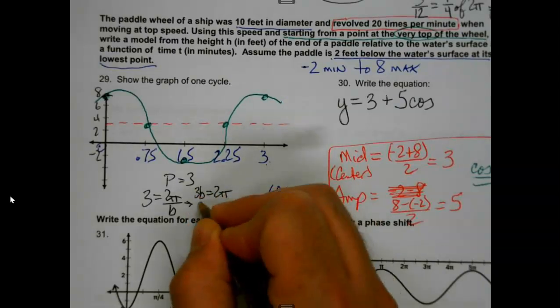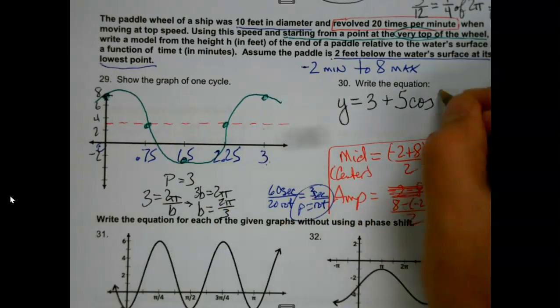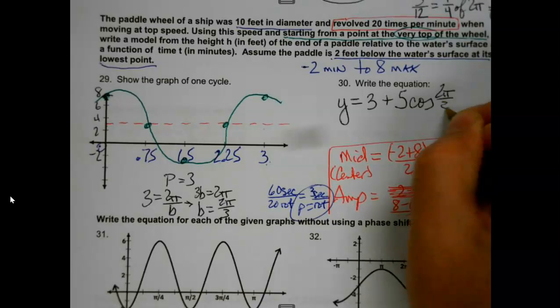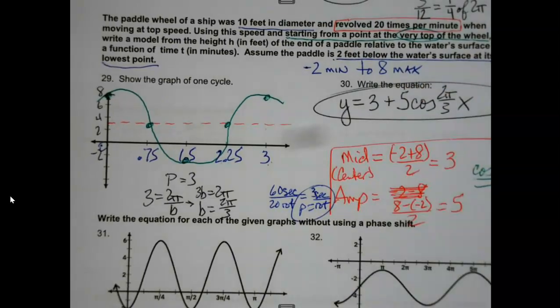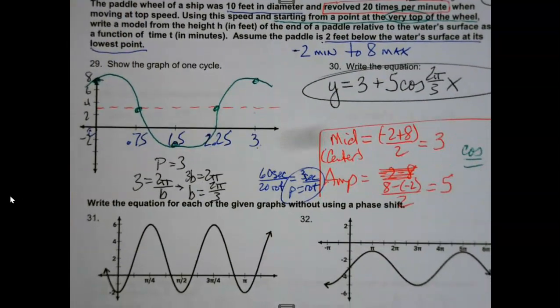We'll divide by 3 because you're trying to get b alone. You're not trying to get pi alone. 2 pi over 3. Oof. Took a lot longer than it needed to. But that's the bits and pieces.